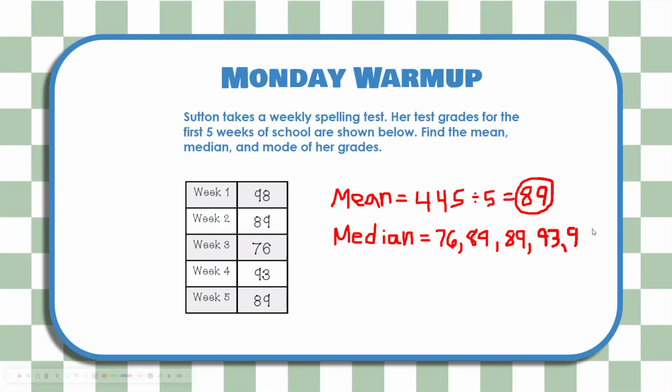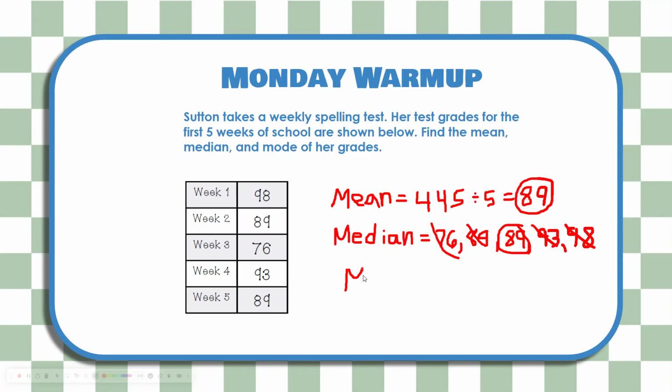Then we just cross off the outside numbers until we get to the middle. That was not a great line. Okay, 1, 2, and 3 in the middle. Interesting, we got a mean of 89 and a median of 89.